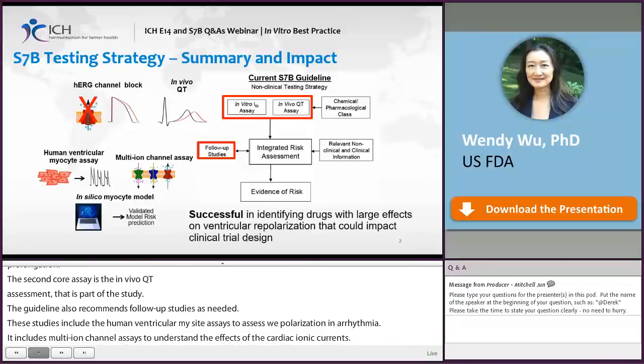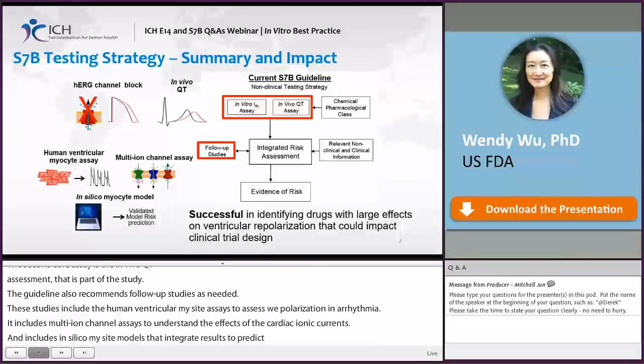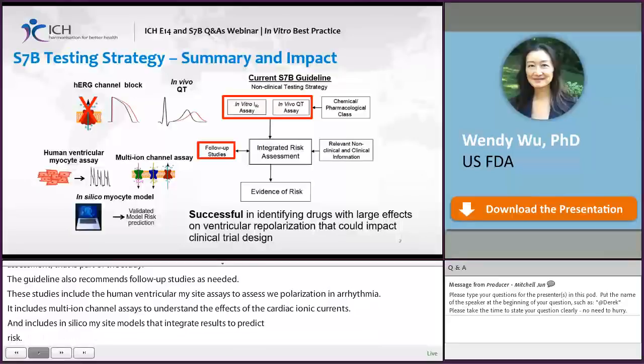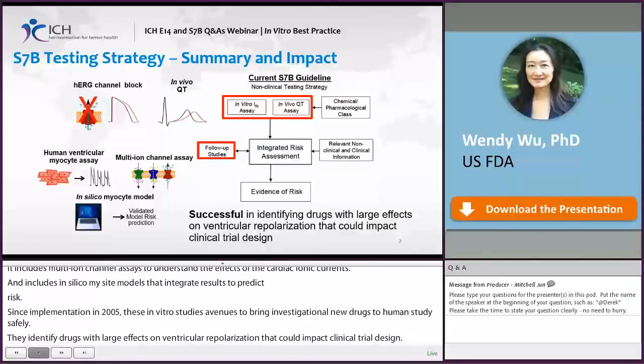Since implementation of S7B in 2005, these in vitro studies have been used to bring investigational new drugs to human studies safely, and they do so by identifying drugs with large effects on ventricular repolarization that could impact clinical trial design. So from this perspective, S7B has worked well for first-in-human studies.